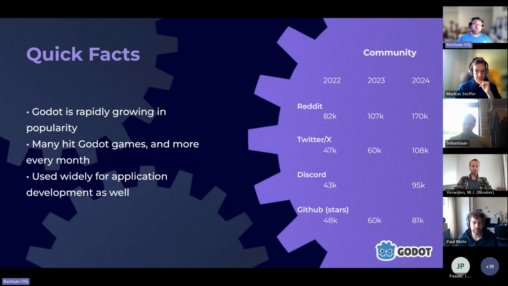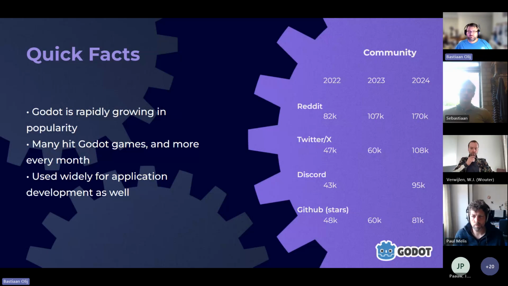Actually has a history going back at least a decade more, where they worked on several private engines for their own game projects and game projects that they supported in Argentina, but then in 2014 decided to open source the engine. So coming back to today, we have a fairly sizable community that is growing almost exponentially.